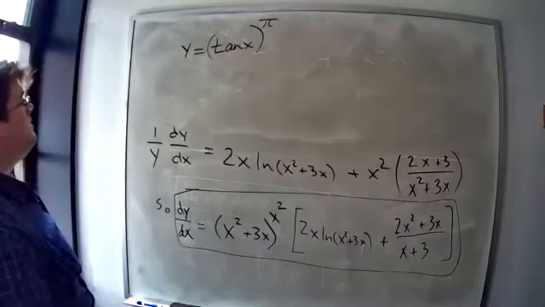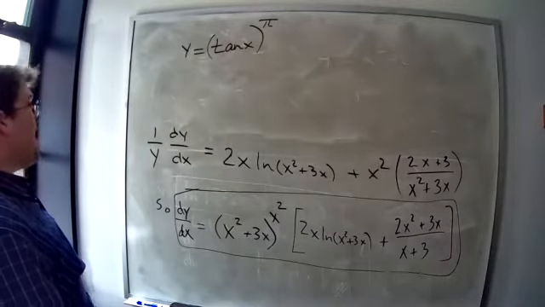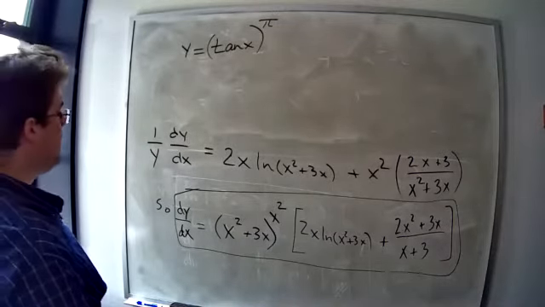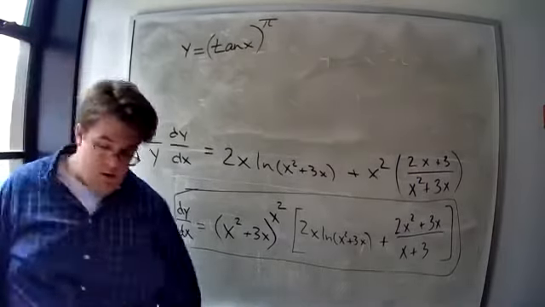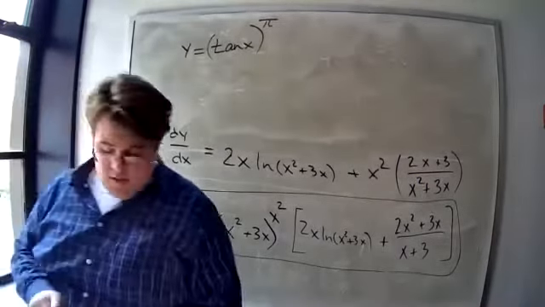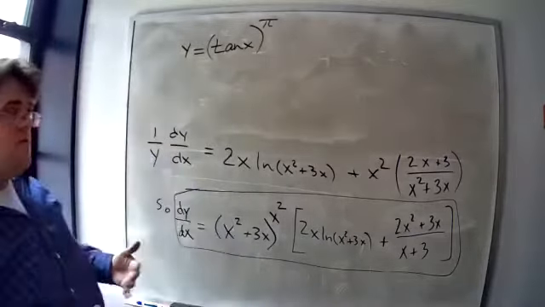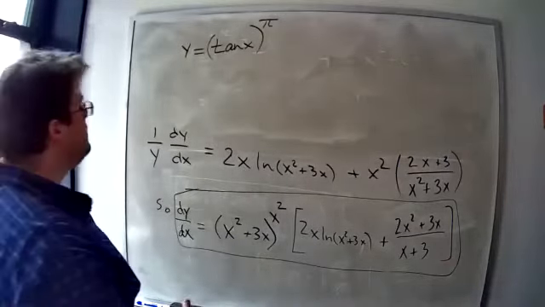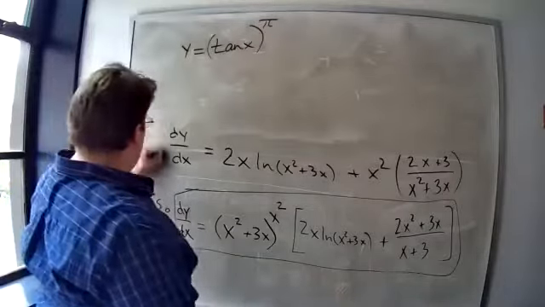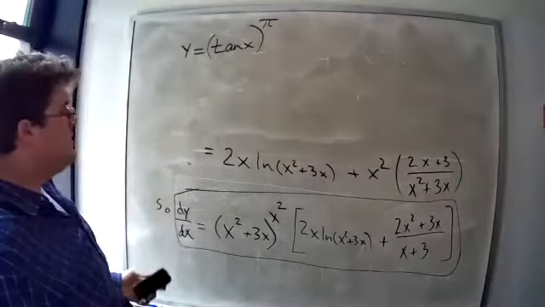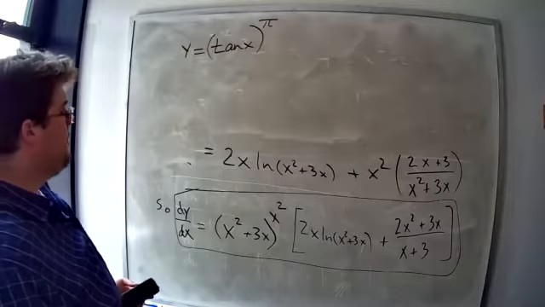Okay, part C, we have tangent x to the pi. So in part B, our function had x's in the base and x's in the exponent. So to handle that, we threw a logarithm on. This one, what do we have? We have x's in the base, but a number in the exponent.